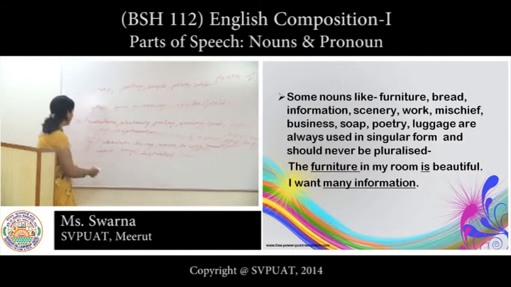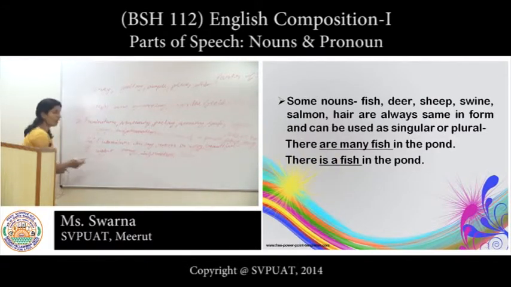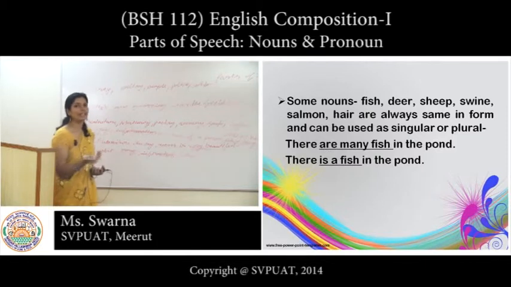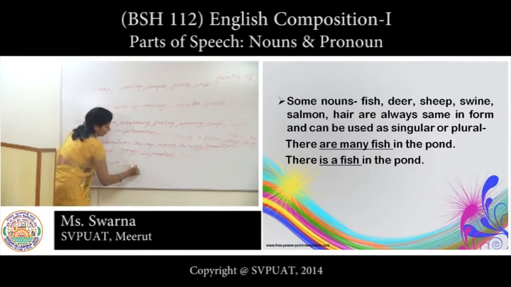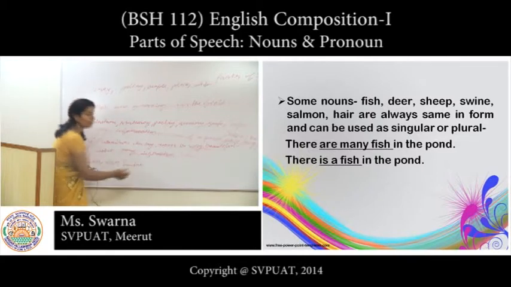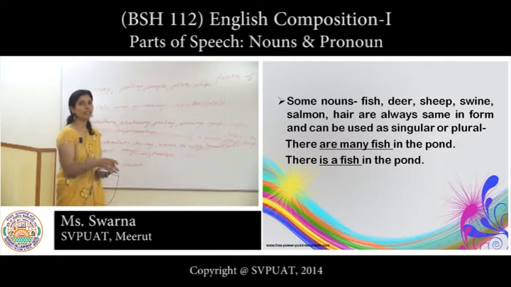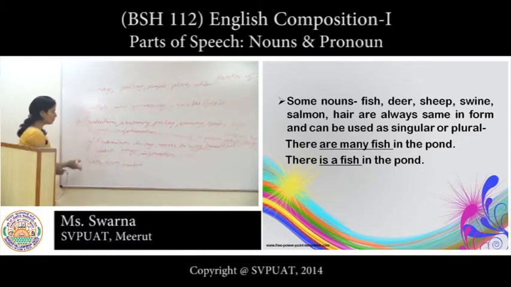The third rule is there are some nouns like deer, fish, swine, which are used as both singular as well as plural. If we want to use these words in singular, then we can, and if we want to use these words in plural, then we can.